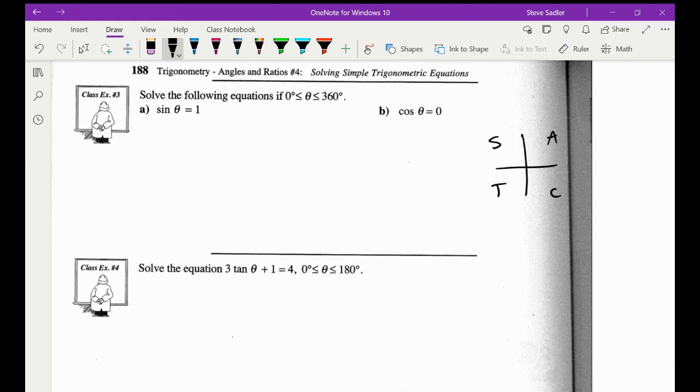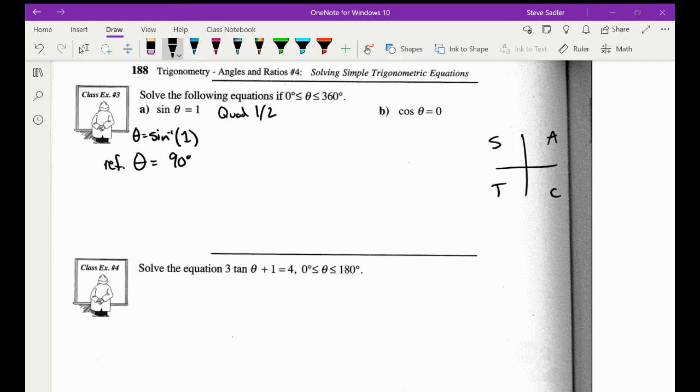So we're looking for sine of x equals 1, which means we are looking in quadrant 1 and 2. And if I do the sine to the negative 1 of 1, that gets me a reference angle of 90 degrees.